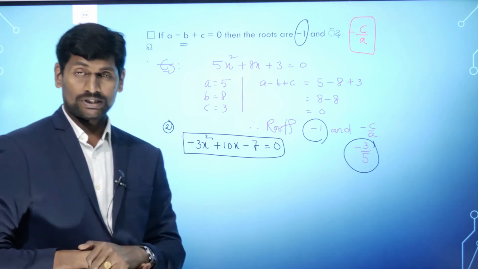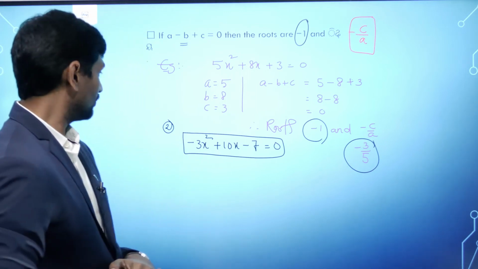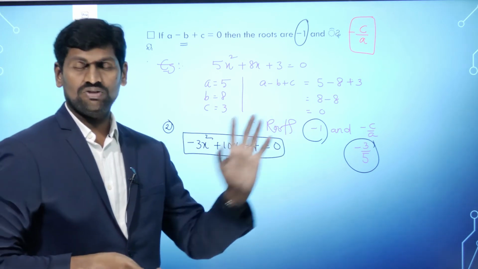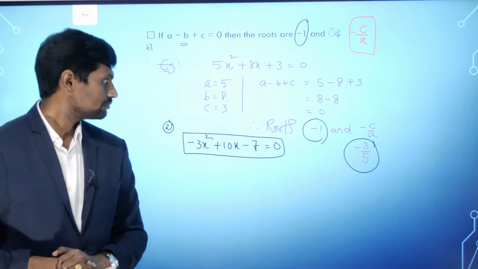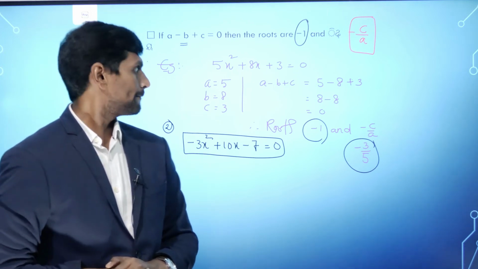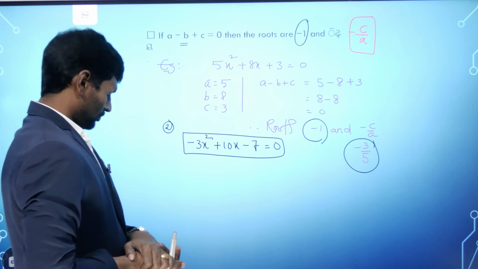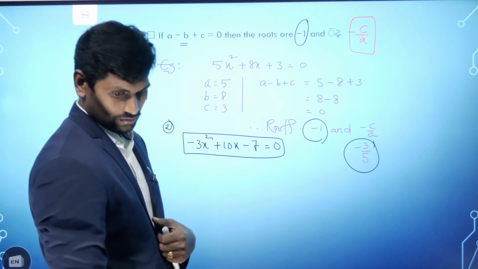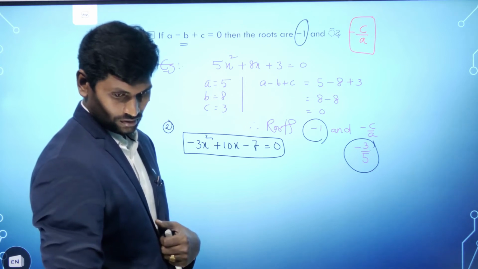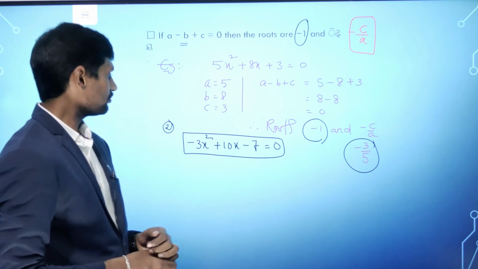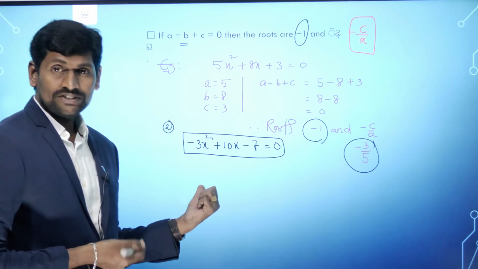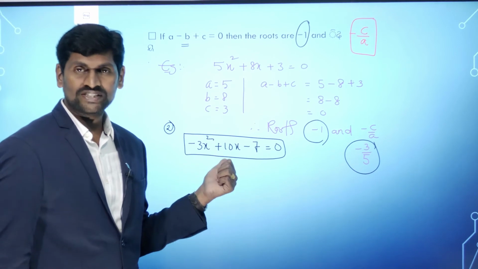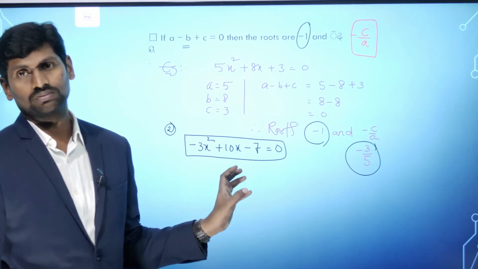Minus 3x square plus 10x minus 7 equals to 0. Is it satisfying, children? Yes. Minus 3 plus 10 is plus 7. Plus 7 minus 7, 0. Am I right?